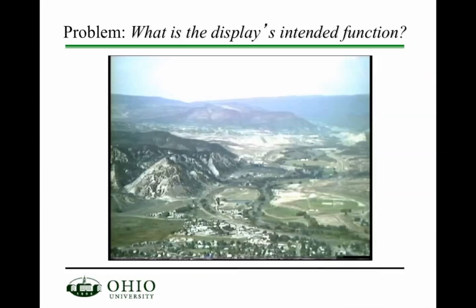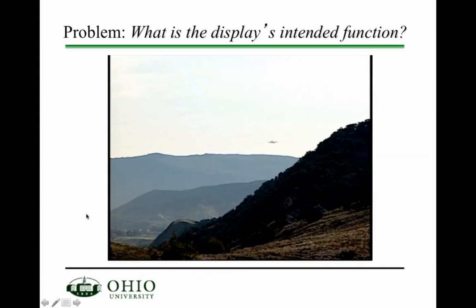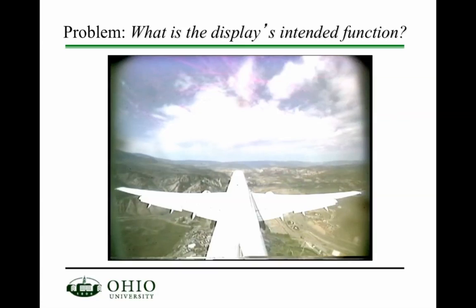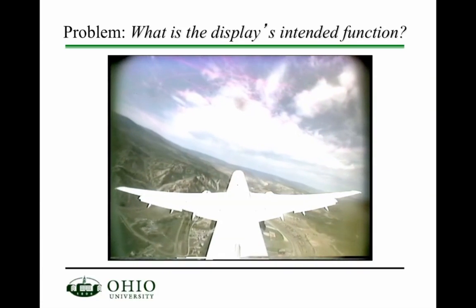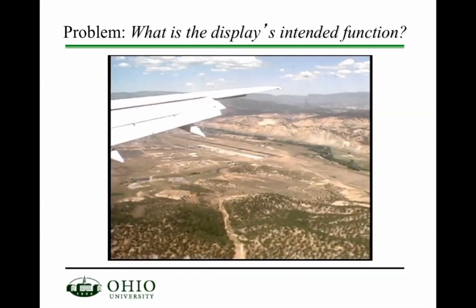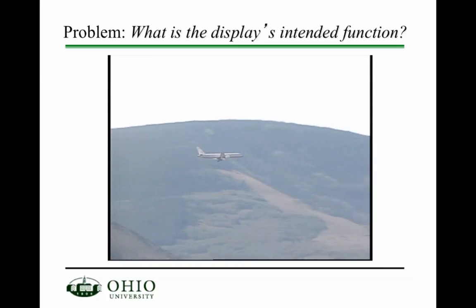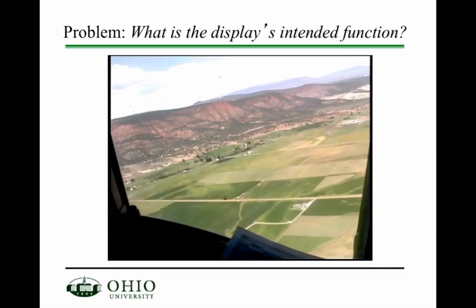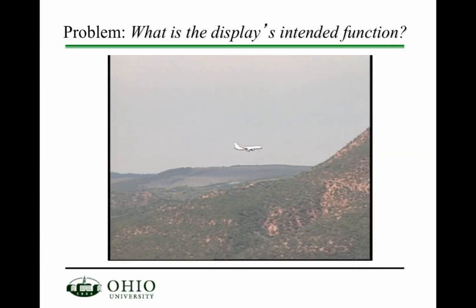So what is the display's intended function really? If that terrain being depicted on this synthetic vision display shall be used by the pilot to make sure he stays clear of the mountains, then it's very important that the information used by the display to show that mountain is very accurate.